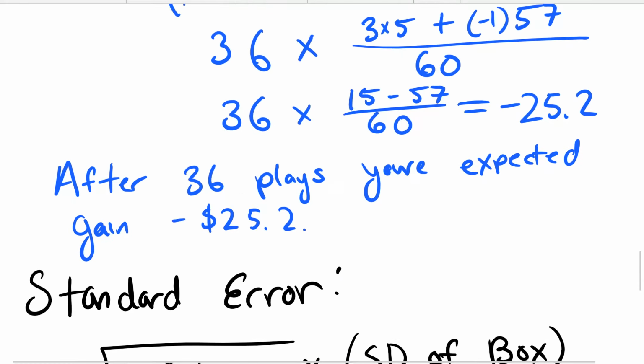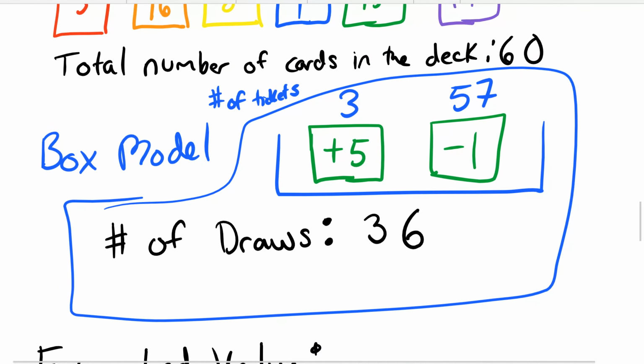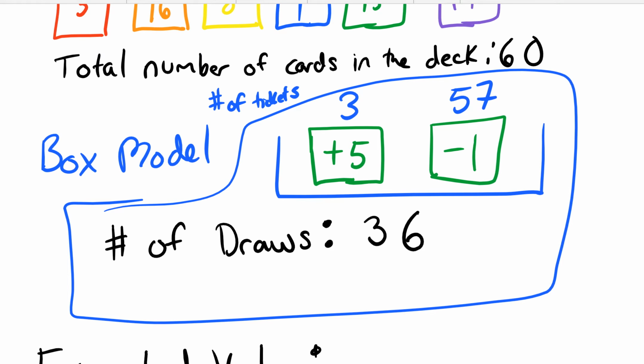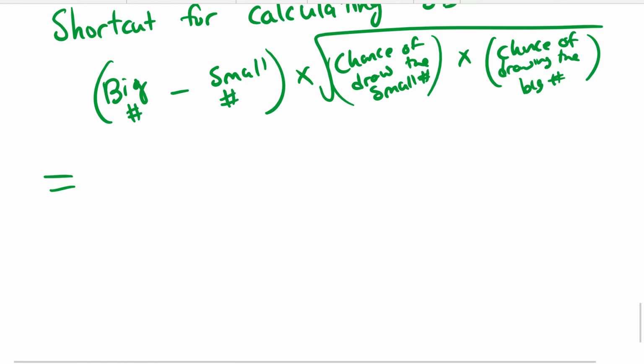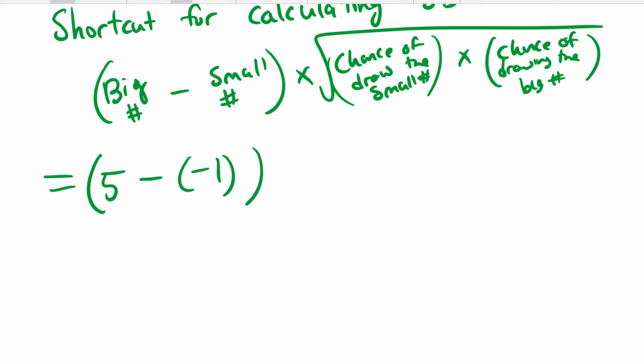If we go back up to our box model, there are two numbers in the box. There is plus 5 and there is minus 1. The plus 5 is the big number. The minus 1 would be the small number because minus 1 is less than plus 5. So when we plug that in, that is 5 minus minus 1 times the square root of the chance of drawing the small number.